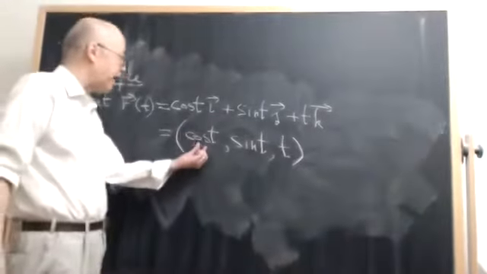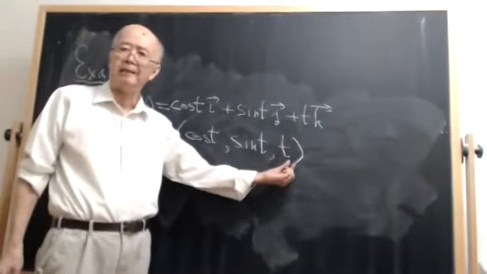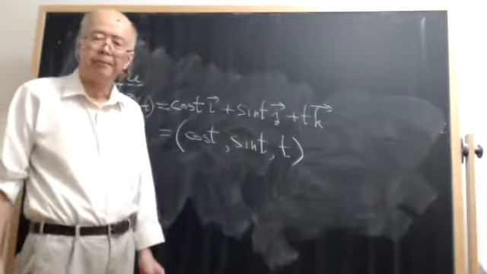So this is f of t, this is g of t, and this is h of t.